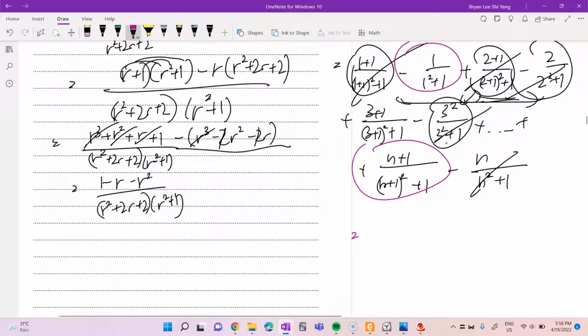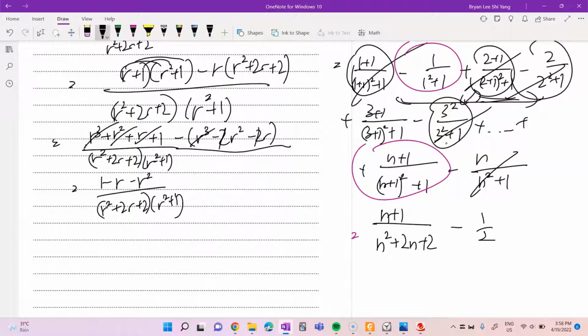We would have n plus 1 over n squared plus 2n plus 2 minus 1 over 2, which would be equal to 2 times n squared plus 2n plus 2 times 2n minus 1 minus n squared minus 2n minus 2.